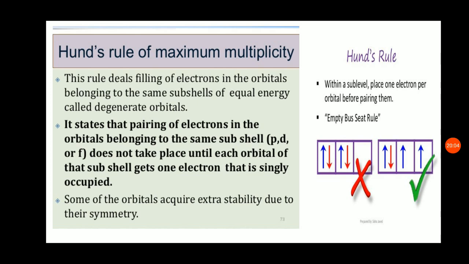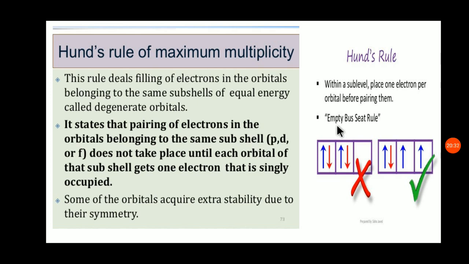Some of the orbitals have extra stability due to their symmetry. Symmetry means same. For example, within a subshell, place 1 electron per orbital before pairing them. This rule is like the empty bus seat filling rule.